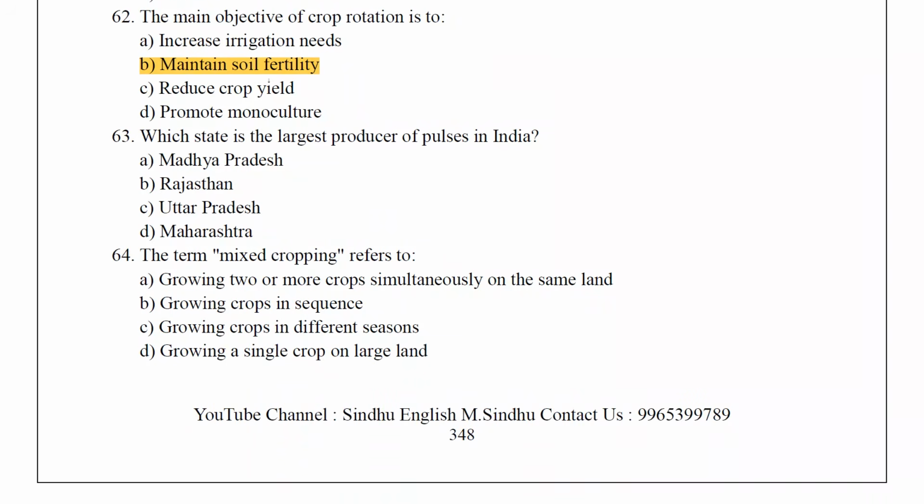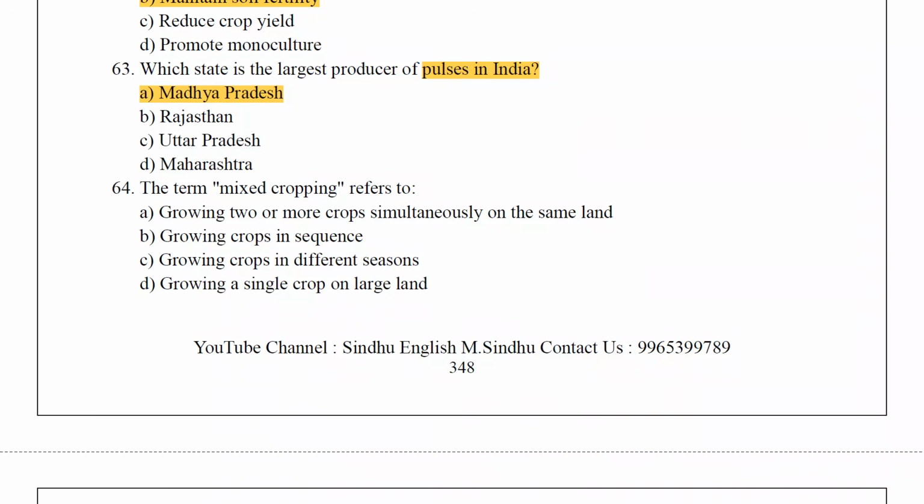Which state is the largest producer of pulses in India? Madhya Pradesh. The term mixed cropping refers to growing two or more crops simultaneously on the same land.